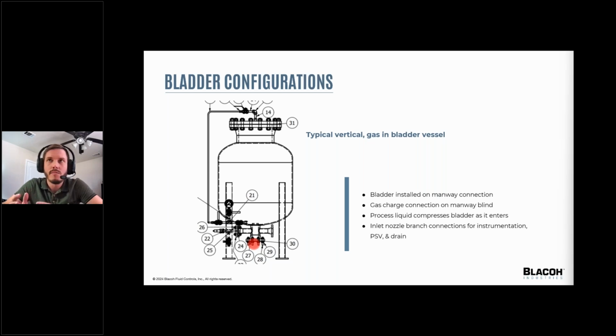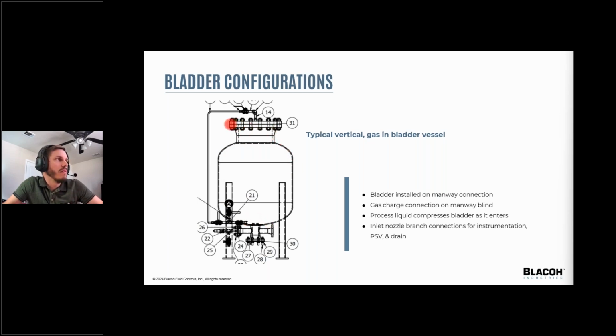It has some reaction time there, and with the wave speed we're talking about, it wouldn't be able to react in time. So you need some kind of immediate energy source here. So with this bladder vessel in particular, being gas in the bladder, the bladder shape is actually typically the full volume of the vessel.